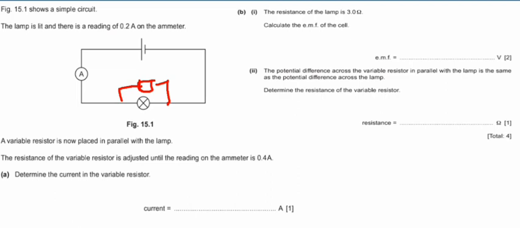Determine the current in the variable resistor. So they are asking us to calculate the current here in the variable resistor. Now, since we have 0.4 amps, which is the total current of these 2 appliances, and then we also have 0.2 amps of just the lamp.